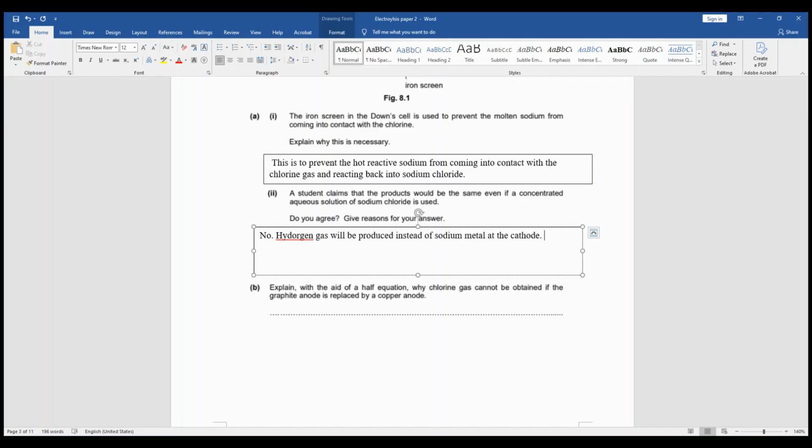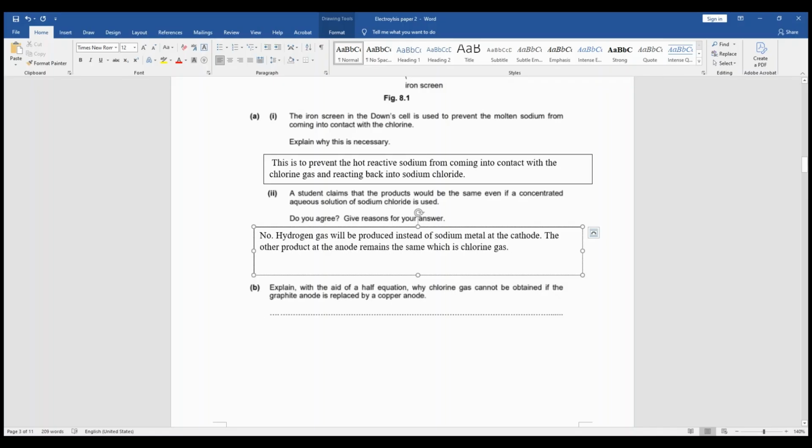The other product at the anode remains the same, which is chlorine gas. I think it's fair enough. I think 2 marks, maybe 1 mark is for the no.